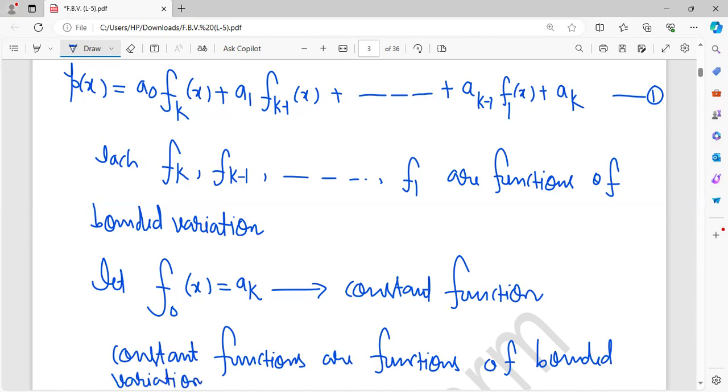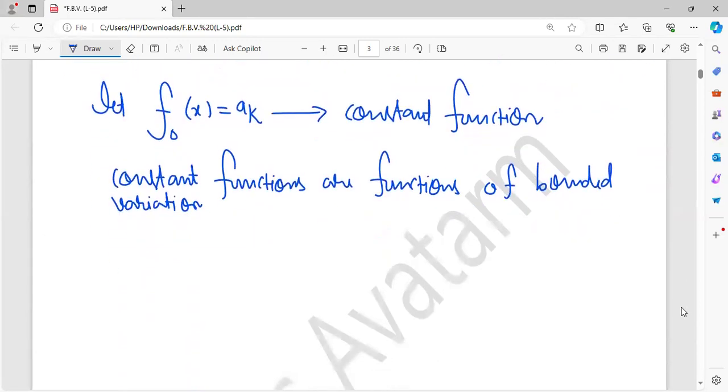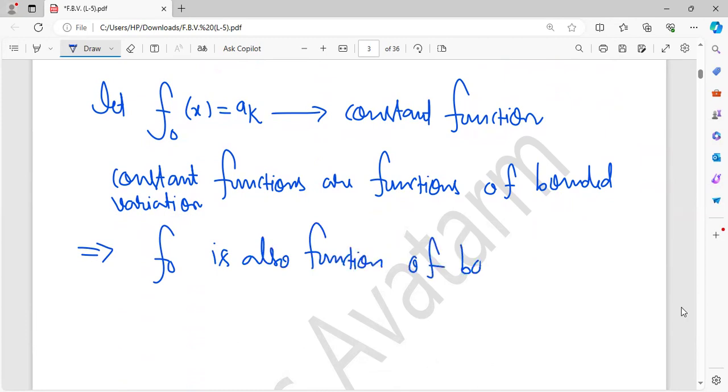So this implies f_0 is also a function of bounded variation.